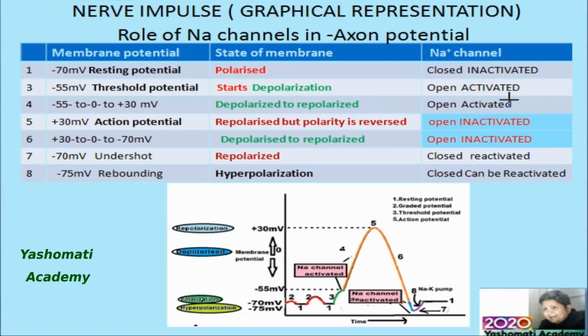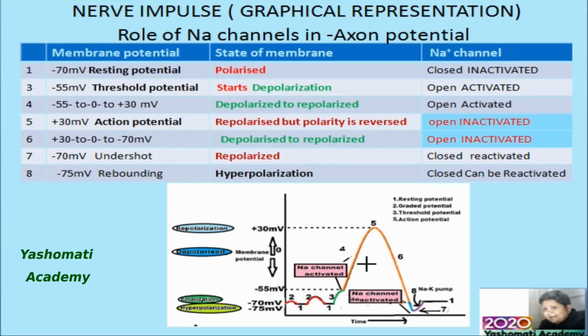Because of this, there will be a lot of influx of sodium ions toward the inner side. Sodium ions are positively charged. Because of that, there is a collection of positive charge on the inner side. Previously it was negatively charged, now because of the influx of sodium ions, it is getting positively charged.